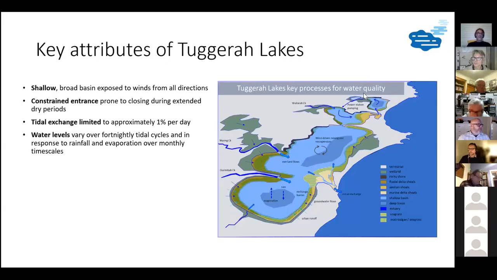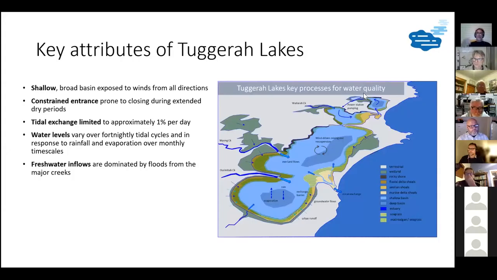I'm sure that Dave outlined all of that. But those things really impact on water quality dynamics and also the overall experience that people have of the lake. The freshwater flows are really dominated by floods from the major creeks.